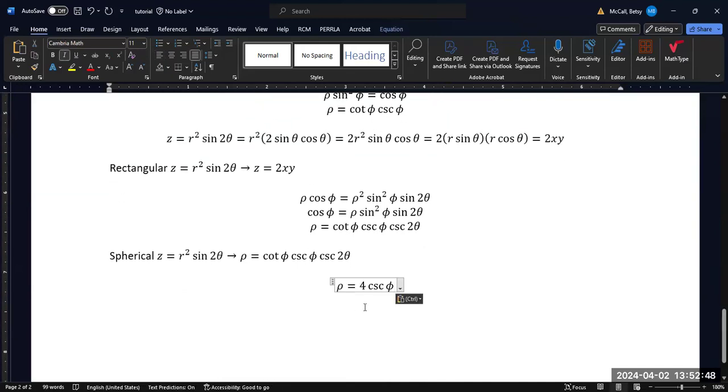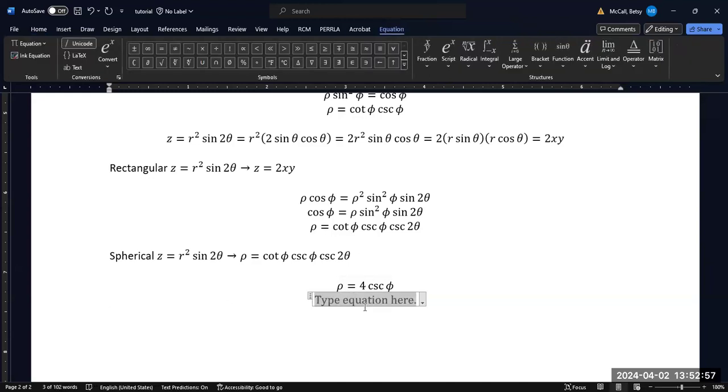Now, whenever you see a cosecant like that in a spherical equation, you should try to move it over to the other side of the equation so that you have a sine. So if we multiply by sine on both sides of the equation, we get rho sine phi is equal to 4. Now, we don't have any relationships that have just rho sine phi, but we do have rho squared sine squared phi.